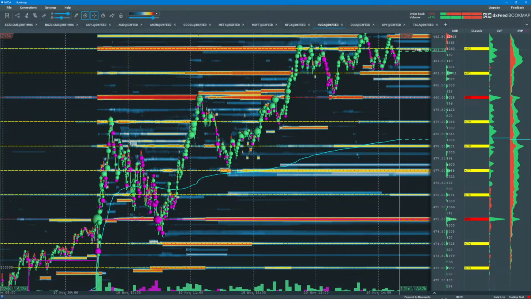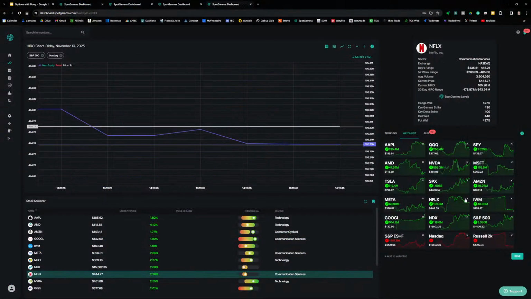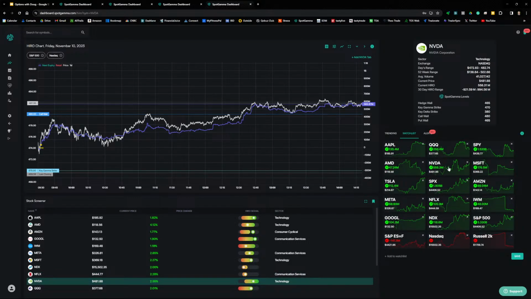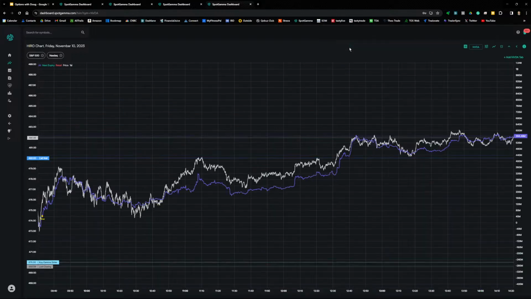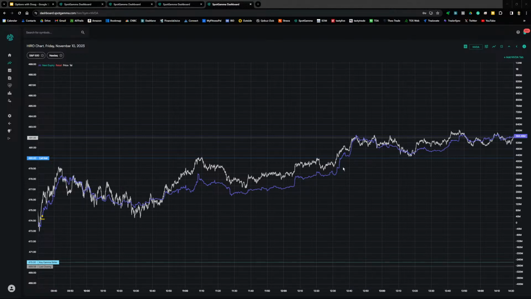So another bullish day in NVIDIA. Let's see what options traders are doing. So right now, NVIDIA, the call wall at 480, it looks like that call wall did act as resistance, and now NVIDIA is trading above that level, having acted as resistance a couple times.